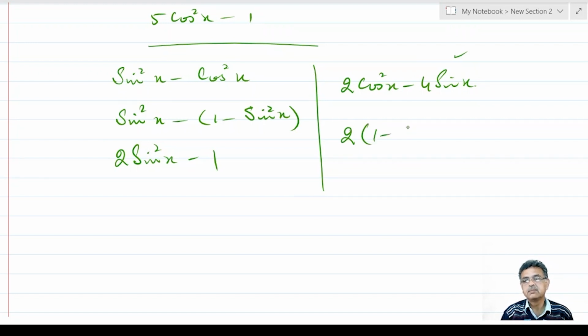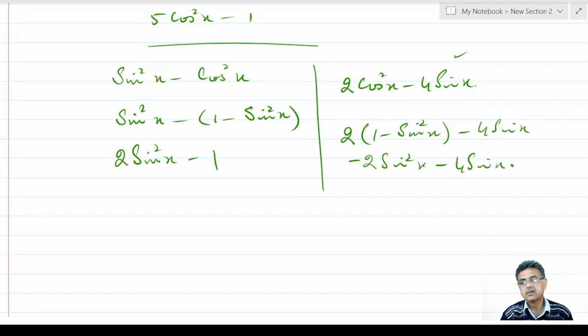So this will be 2 times (1 minus sine square x) minus 4 sine x. That will be minus 2 sine square x minus 4 sine x, in descending order of power of sine, plus 2. So this will be the expression.